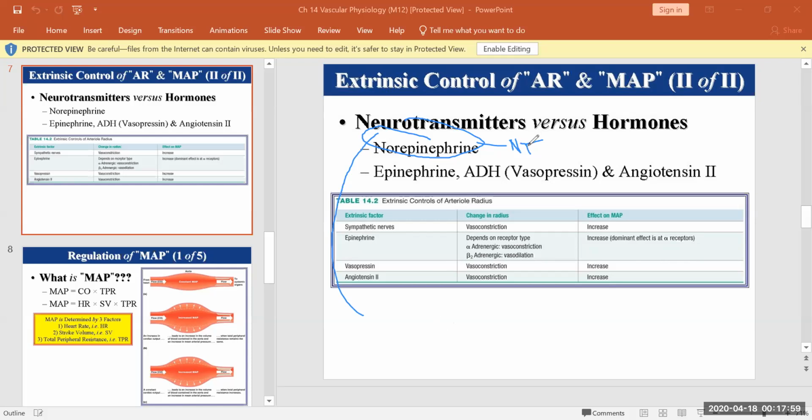And that neurotransmitter, that norepinephrine, is released by, and this is from anatomy, postganglionic fibers.